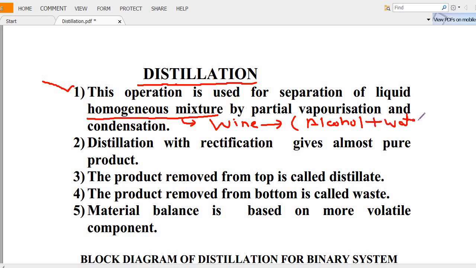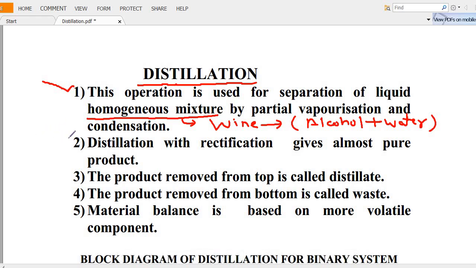So wine is nothing but a homogeneous mixture of ethanol and water, and we cannot separate them simply. When you want to separate the ethanol and water in the wine, we have to go for partial vaporization and condensation. These two operations take place in one operation, that is called distillation.